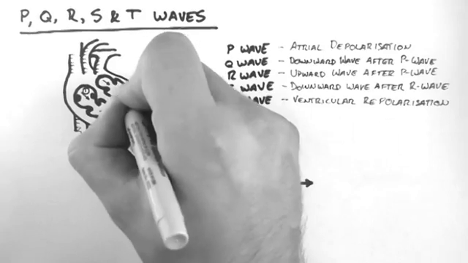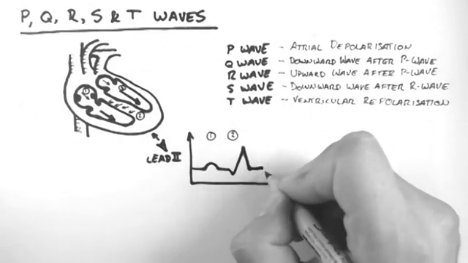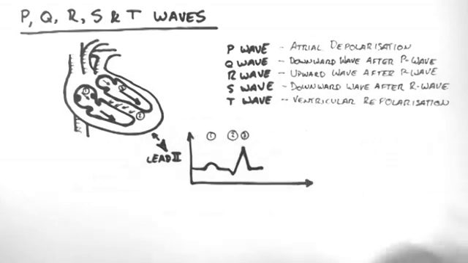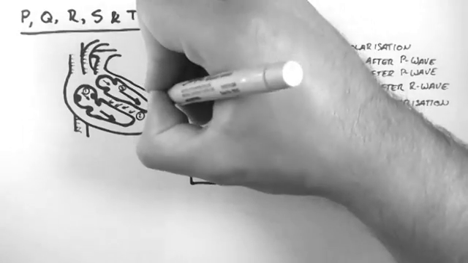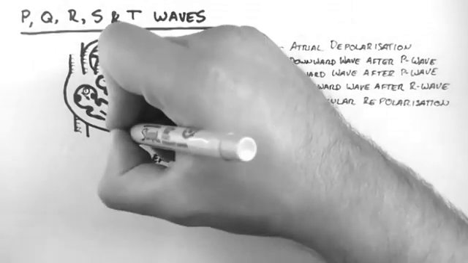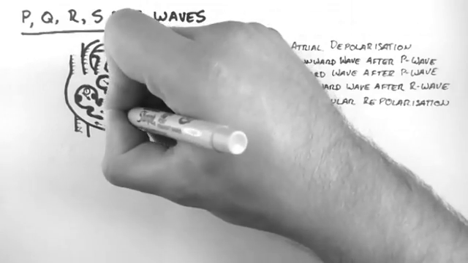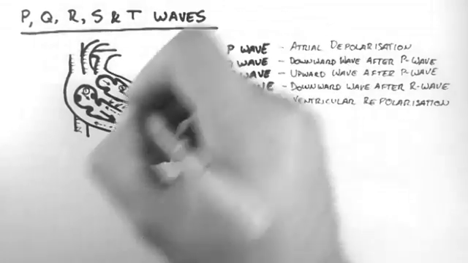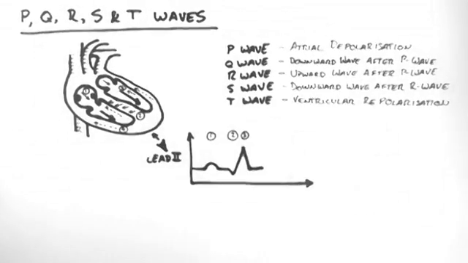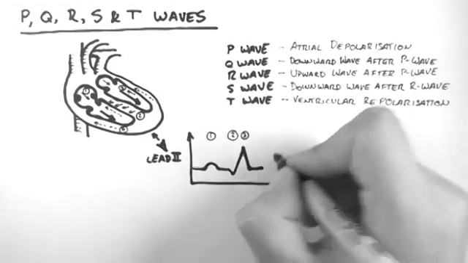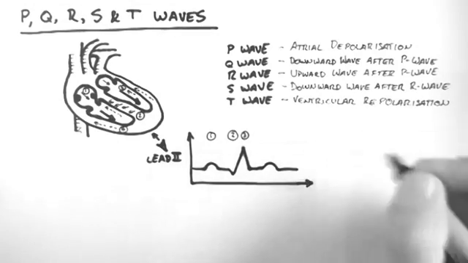Atrial repolarization occurs about this time, but is overshadowed by the large amount of electrical activity occurring in the ventricles. Finally, ventricular repolarization occurs. This occurs in the opposite direction to ventricular depolarization, but because it is repolarization rather than depolarization, an upward deflection is seen on the ECG trace.